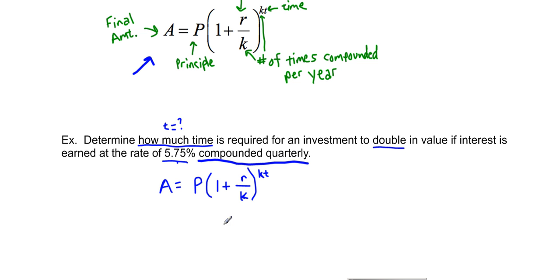And let's plug in what we know. If we're looking for our investment to double, then even though we don't know what our P is, our principal, so they don't give us how much we initially invested, but if our initial investment was P, then twice that is just 2P.